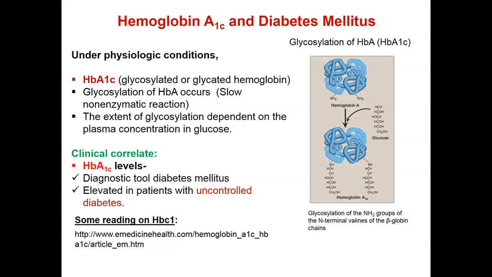Because when the glucose level is high for a long time, that glucose can bind to hemoglobin and form the glycosylated form called hemoglobin A1C, okay? Which means if it's high in the patient's blood, the person has been diabetic for a while, okay? So it has not been controlled.